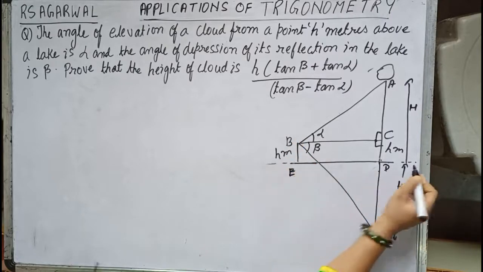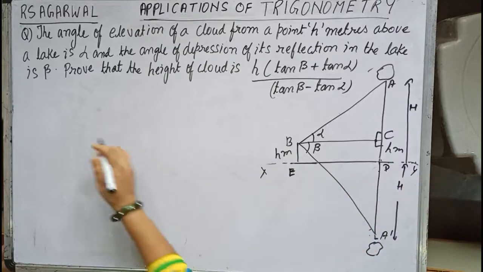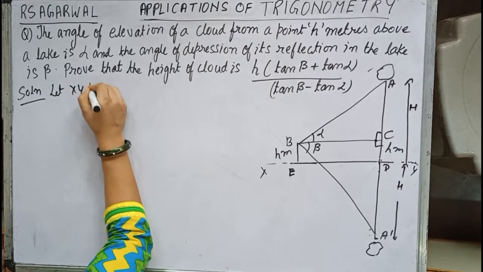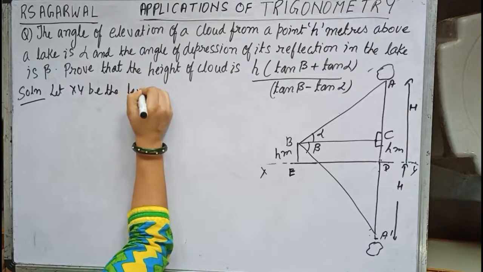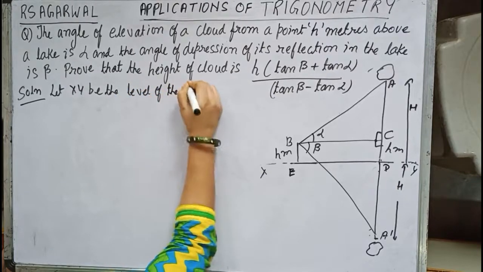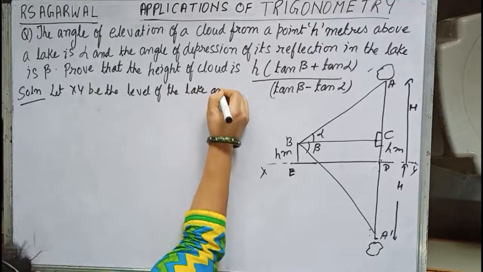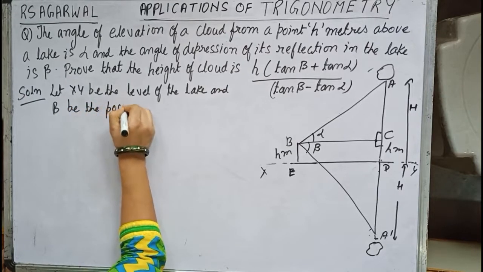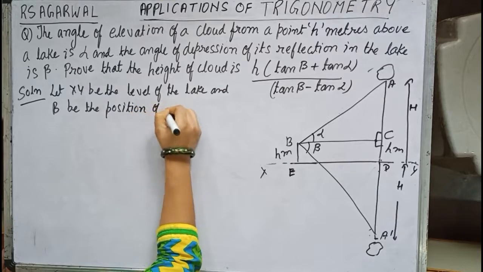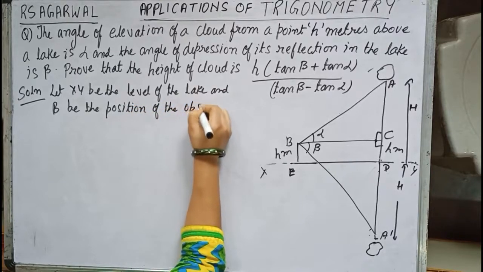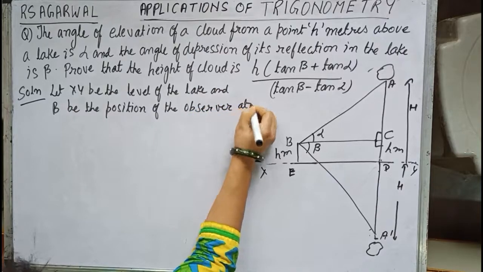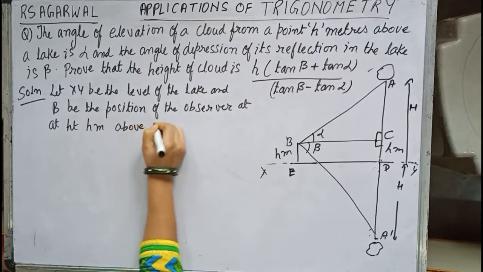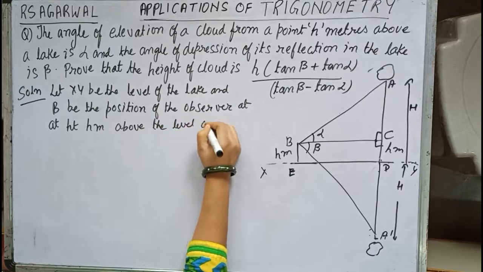Let X, Y be the level of the lake, and B be the position of the observer at a height h meter above the level of the lake.